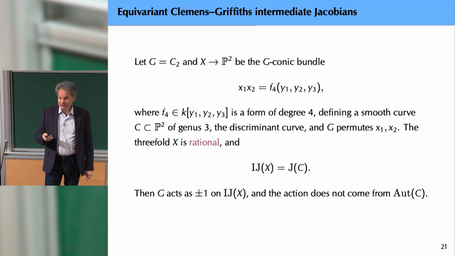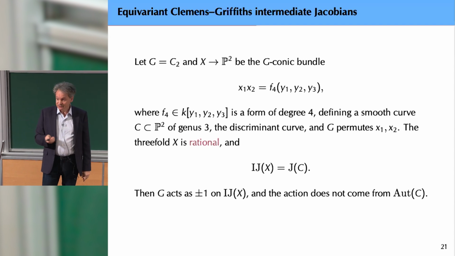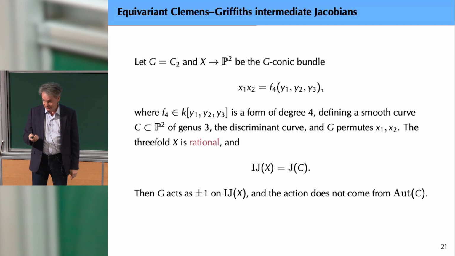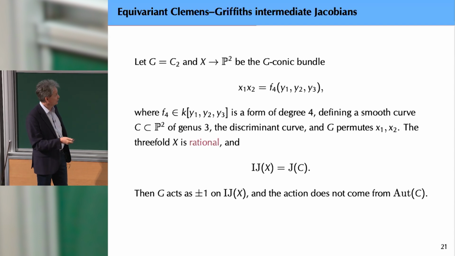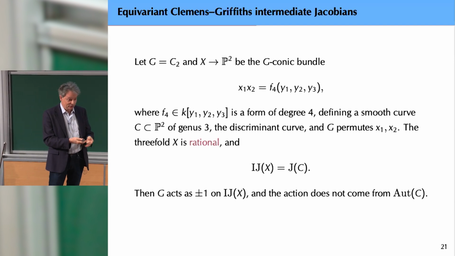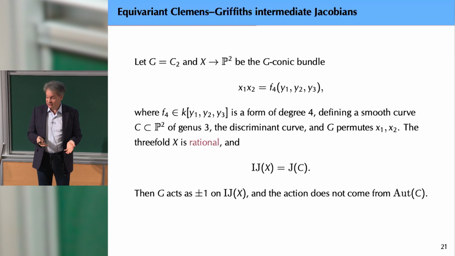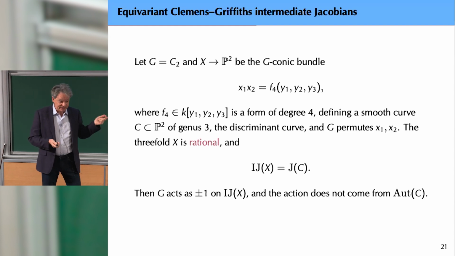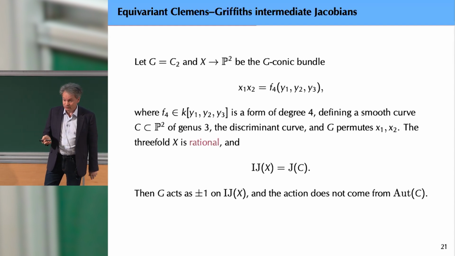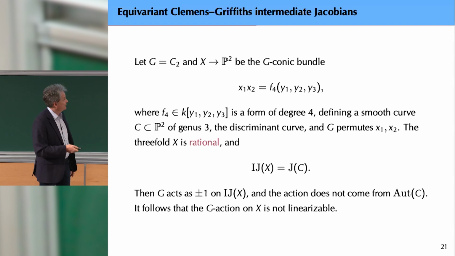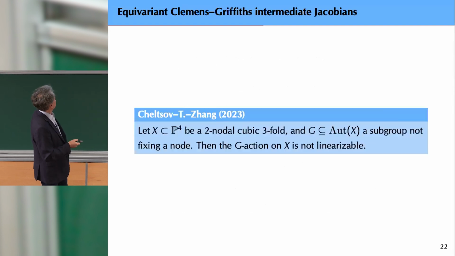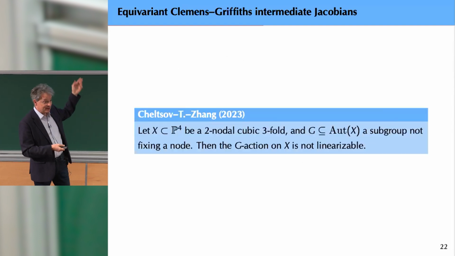And it doesn't come from automorphisms of that curve, if you pick smooth f4 and so on. So that tells you that this rational threefold, together with that action, is not equivariantly birational to P3. Now, another example where this comes up, yeah.